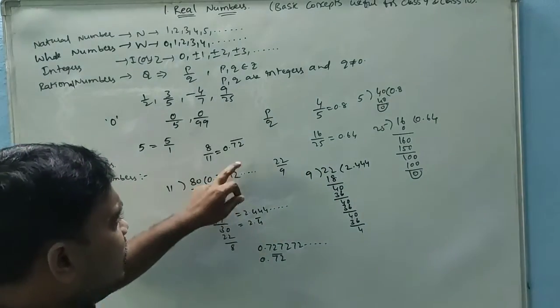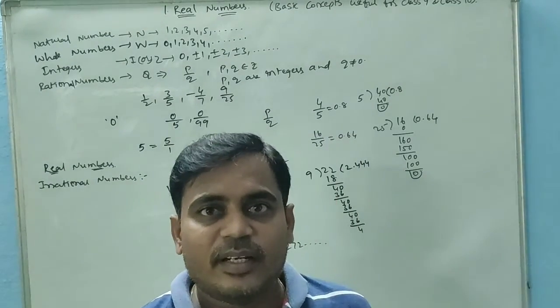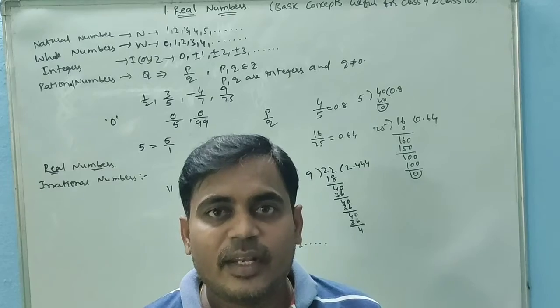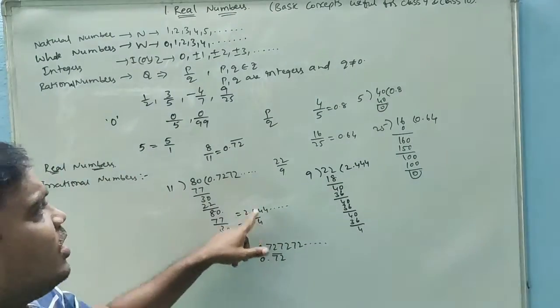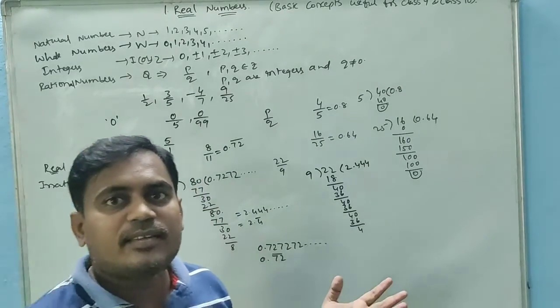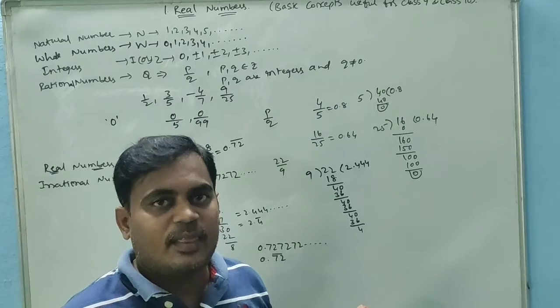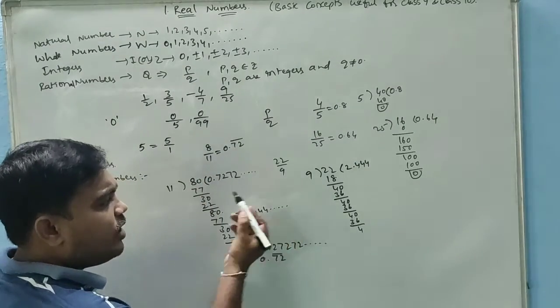The part which is repeated is called the period. So here the period of this one is 4, the period of this one is 72. The number of digits in the period is called periodicity. If you observe how many digits are repeating, only one digit, 4, is repeating.